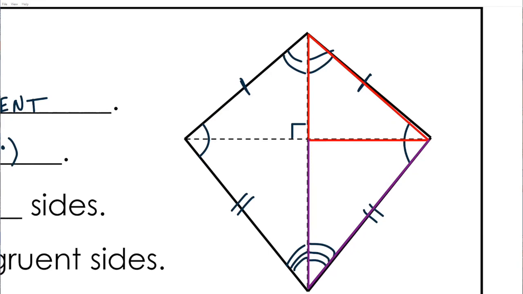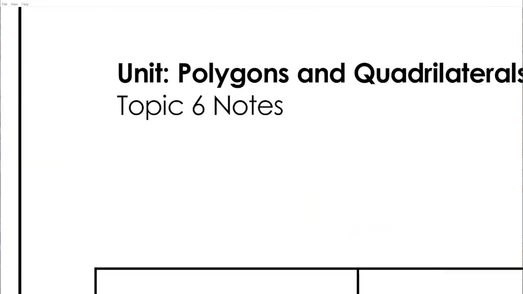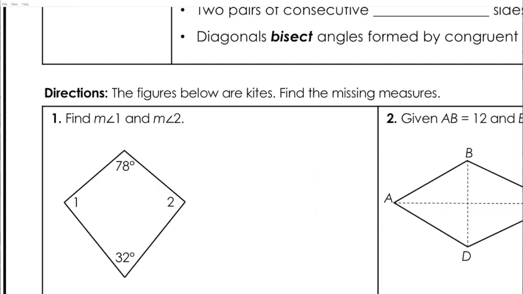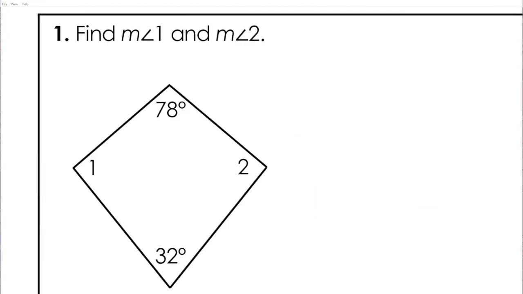All right, let's go ahead and get our first question out of the way. So it wants us to find the measure of 1 and the measure of 2. When they don't tell me that these are congruent, it's hard to tell sometimes because sometimes the picture gets a little wonky on me. But I know that these are my fat angles because these aren't congruent.